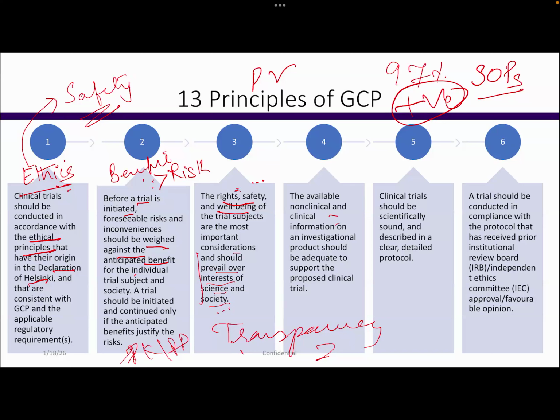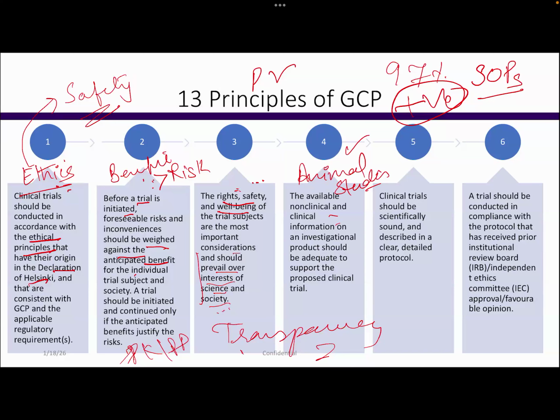Non-clinical data, animal studies, that data should be there. At the time of COVID, I was working with a Bharat Biotech study. For one trial, they went to DCGI and requested a protocol approval, citing that it's COVID and we need an urgent study.